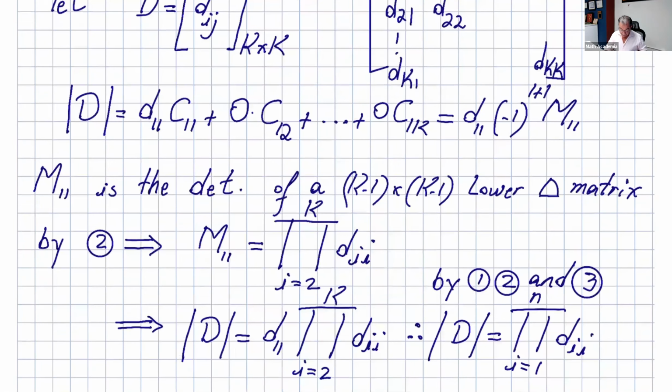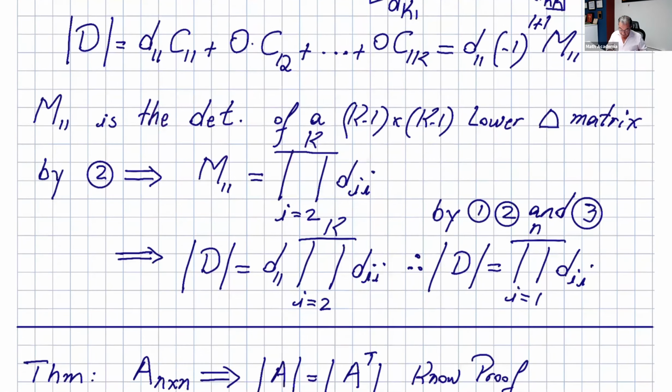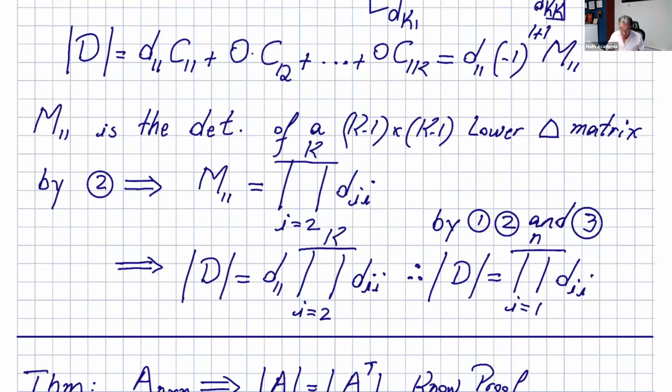Now if I continue this formula, M11 is going to be the product with i starting from 2 to k of d_ii. So I wrote that. The determinant of D is going to be D11 times that.